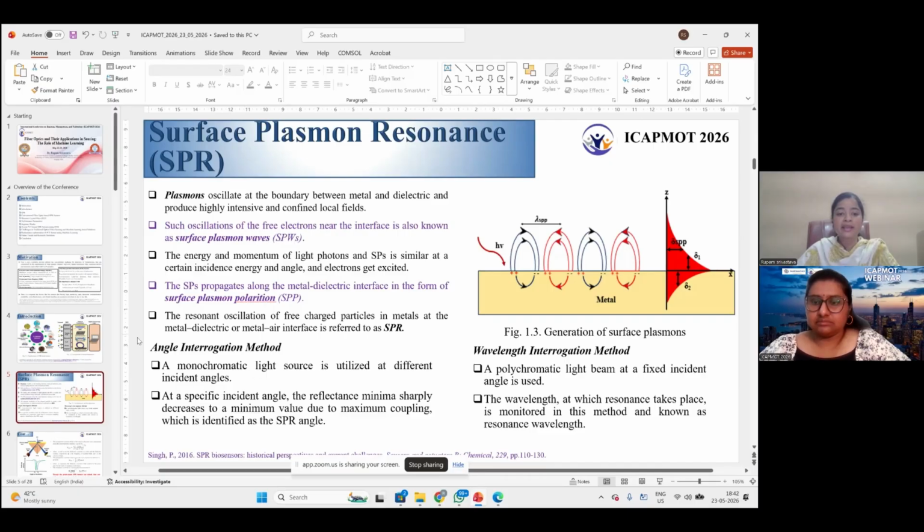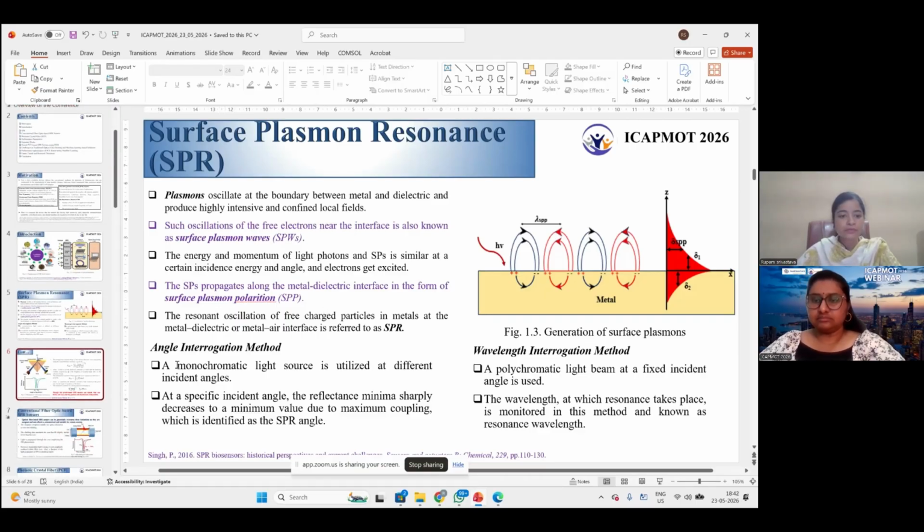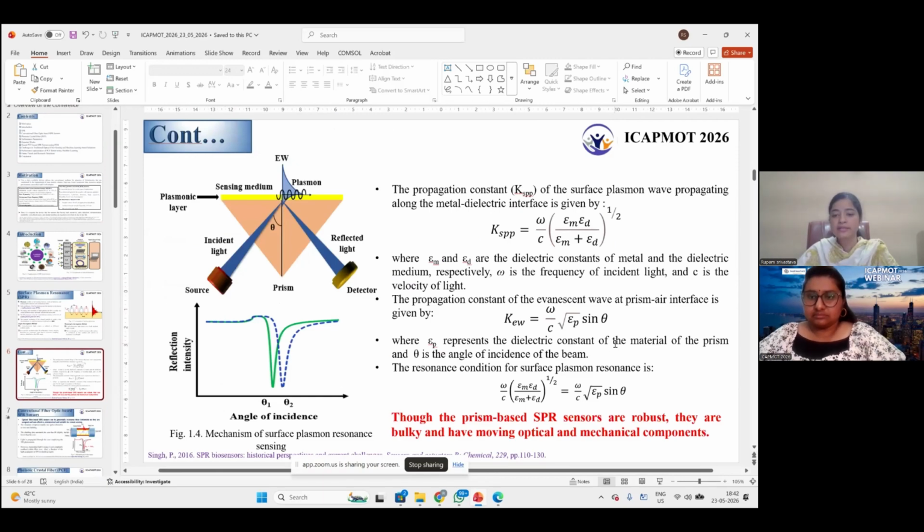In the angle interrogation method, it happens at a particular angle of the incident light, and in the wavelength interrogation method, it happens at a particular resonant wavelength of the light. So we can say that at the resonant condition, the propagation constant of the surface plasmon waves and the propagation constant of the light, that is, basically the evanescent field of the light, both become equal, and this satisfies the criteria for surface plasmon resonance to happen.